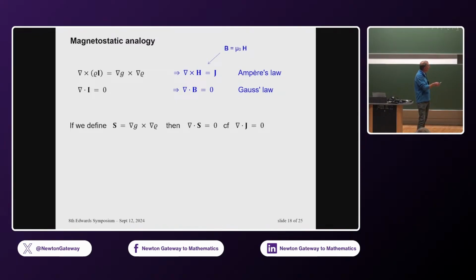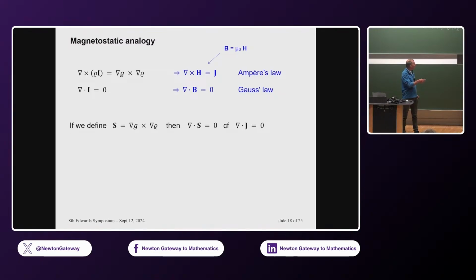And the resemblance is even stronger because Ampere's law is usually written in terms of the magnetic field intensity, and Gauss's law in terms of the magnetic flux density, with a proportionality between them. So the only complicating feature in here is the resistivity of the solution can be spatially varying. Whereas in general in the textbooks, you don't tend to worry about that unless you're doing advanced electromagnetism.